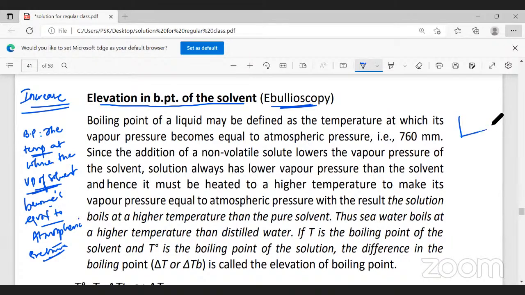Now, for an example, if I take a container and in this container we take water. Water has a tendency to vaporize even at room temperature. Now there are water vapors. This is water and this is water vapors.